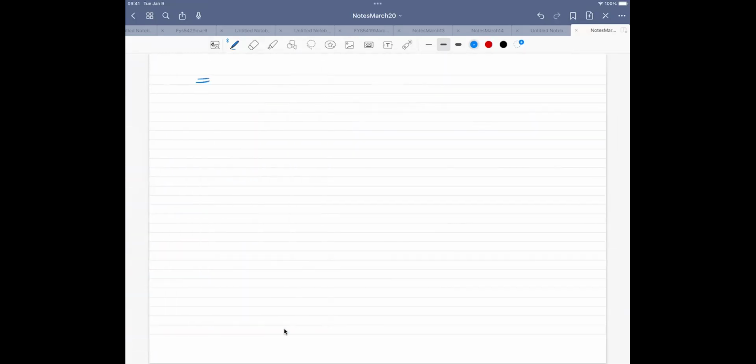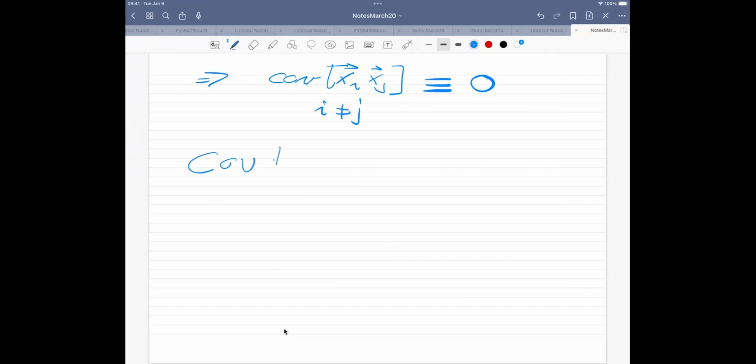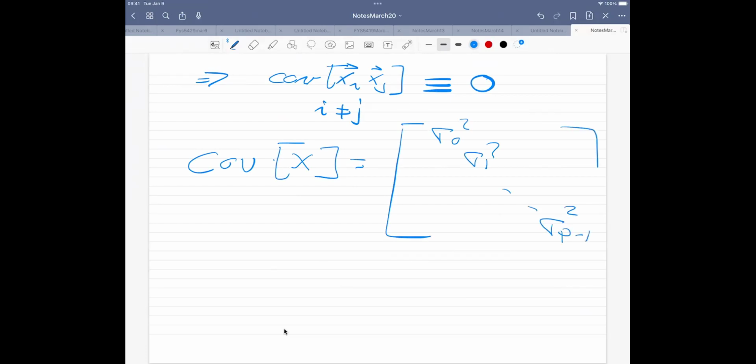So that means if that is the case, then the covariance of two vectors, xi, xj, and i is different from j, is exactly equal to 0. So that means that the covariance matrix will then just contain the variances, sigma 0 squared, sigma 1 squared, and down to sigma p minus 1 squared.